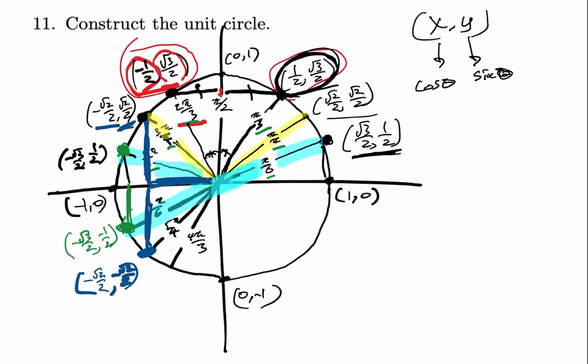Okay, so let me fill in the rest of it. And as you can see the pattern, now we can evaluate all these angles. Sine of 4 pi over 3, cosine of 4 pi over 3, all these angles.